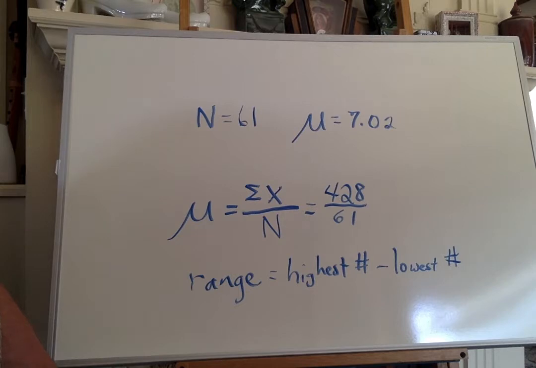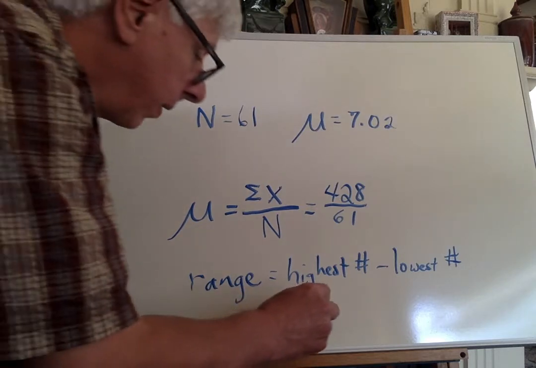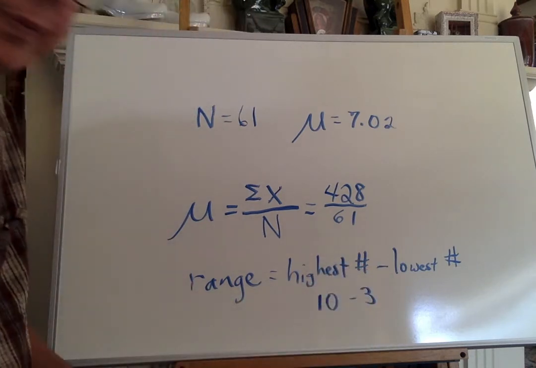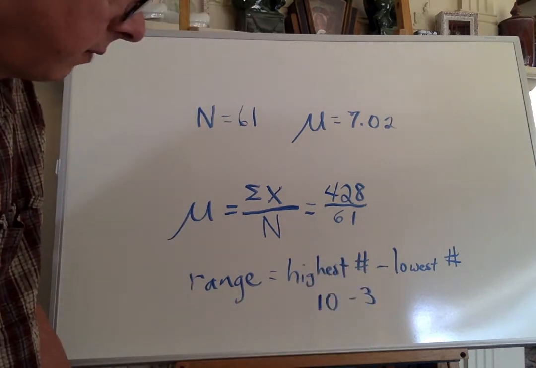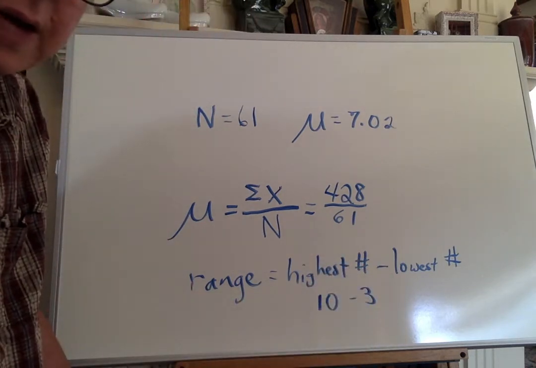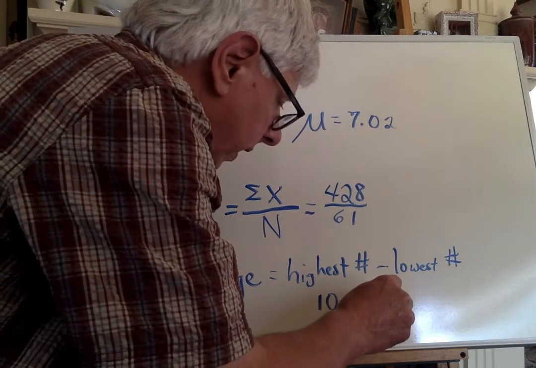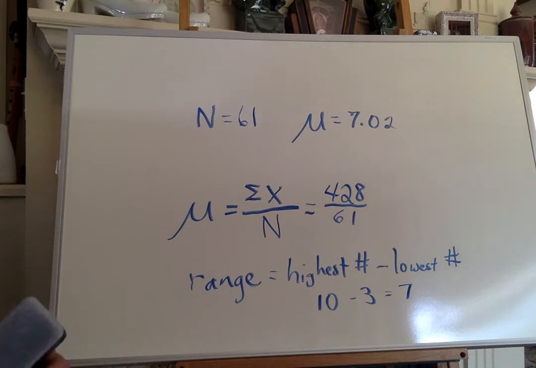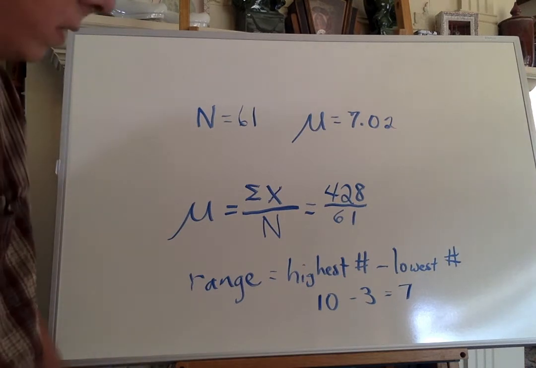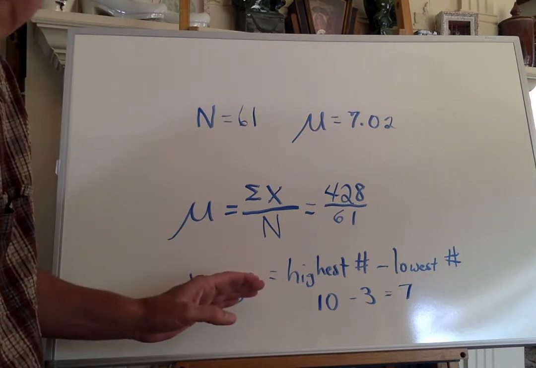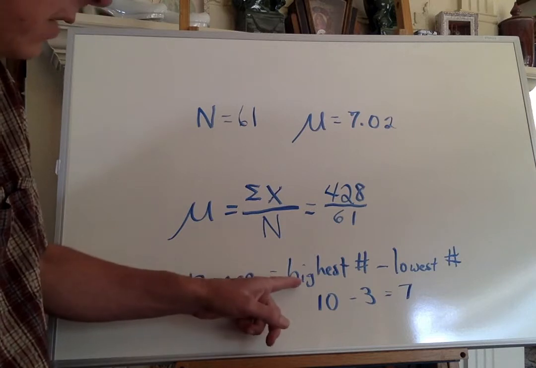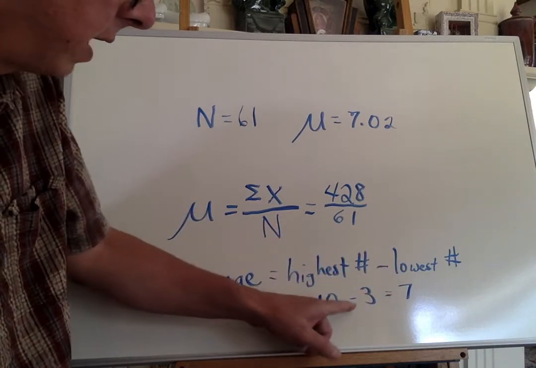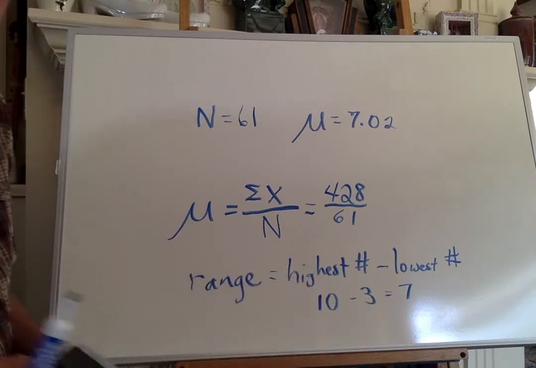So we have a 10, and the lowest number is a 3. So that means that we have a range of what? Of 7. Again, pretty straightforward. Take the highest, subtract the lowest. Okay, 10 minus 3 equals 7.